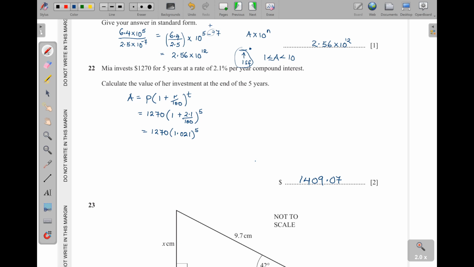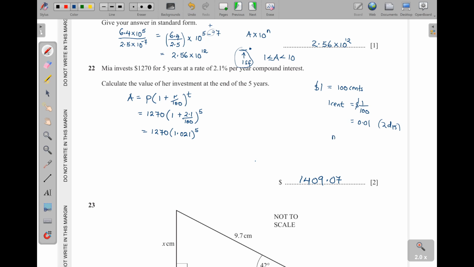Why do we put to 2 decimal places? Because we know that $1 is equivalent to 100 cents. So that means 1 cent shall be equivalent to 1 over 100 US dollars, which is the same as 0.01. So the 0.01 means 2 decimal places, you see.